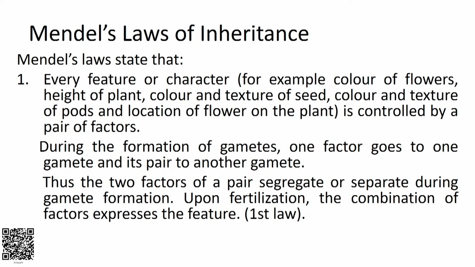Thus, the two factors of a pair segregate, or separate, during gamete formation. Upon fertilization, the combination of factors expresses the feature. That is the first law. Out of the two factors controlling a certain feature, the dominant one may express in spite of the presence of the other.